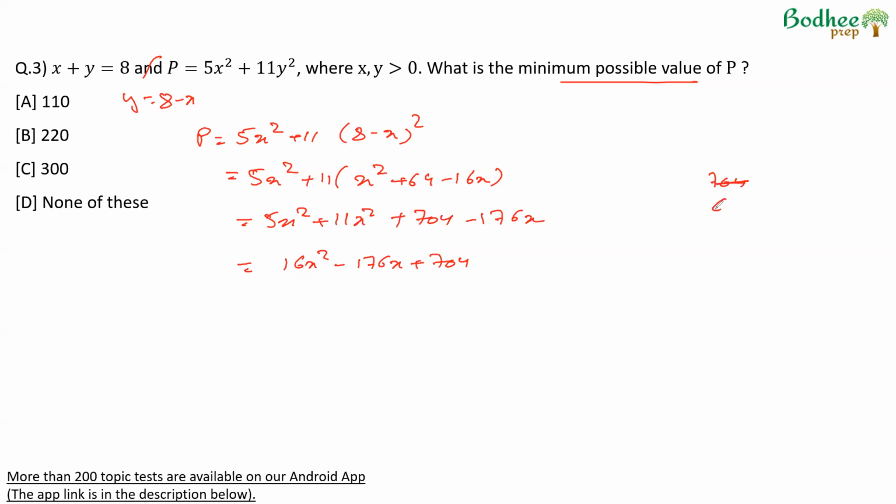704 was 64 into 11. So 64 into 11 into 16. The sum has to be 176. Sum or difference, product is positive. Sum has to be 176.